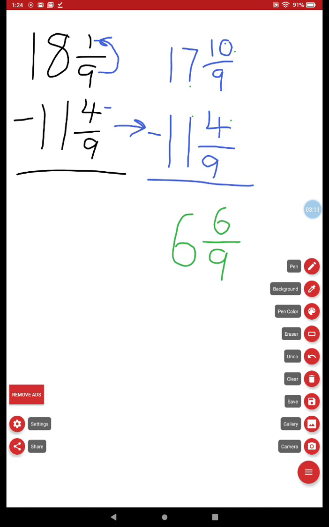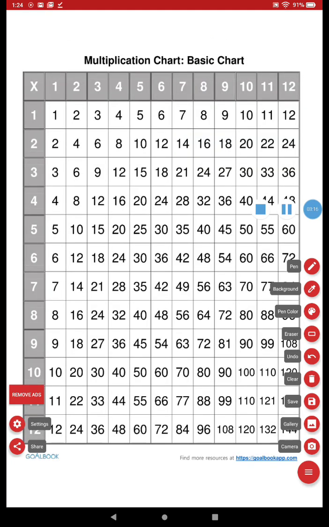So let's pull out our multiplication chart. All right, so I'm going to write the original answer, 6 and 6/9. Okay? Now let's simplify it. Go to the 6th column, circle 6, circle 9. Is 9 there? Nope. So here's what I'm going to do.